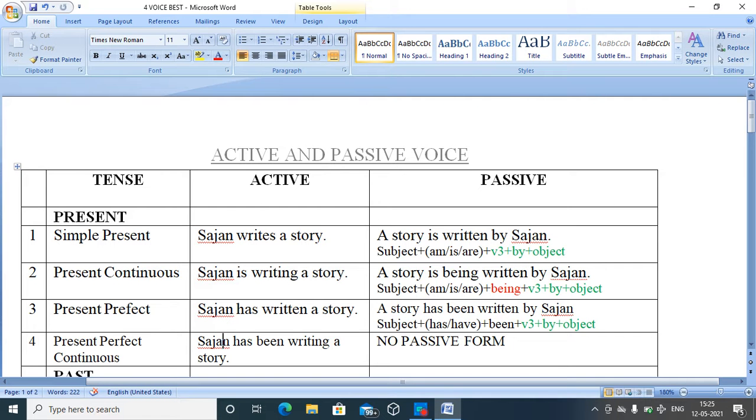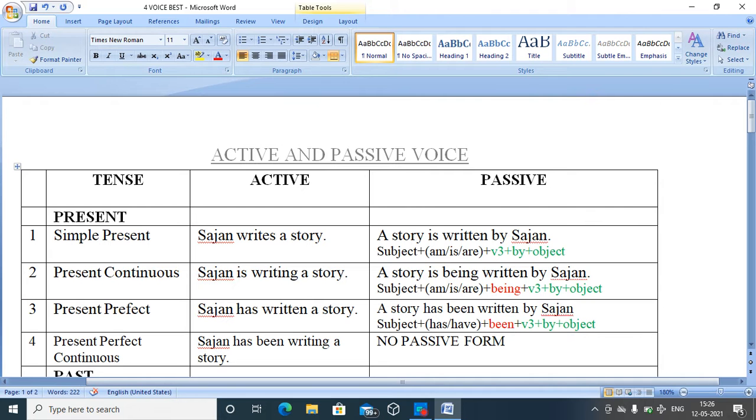But here we do not mean that has been, but we write it in this way only. Has or have. If it is story, singular, you choose has. If it is stories, a plural subject here, then you have to take have. But been, you do not write like has been or have been plus, but been is taken as a constant here in present perfect tense.